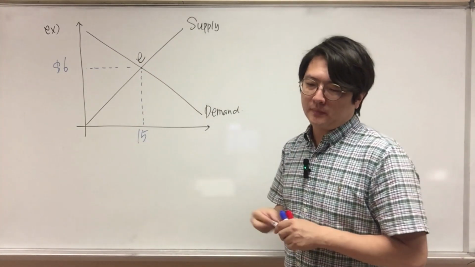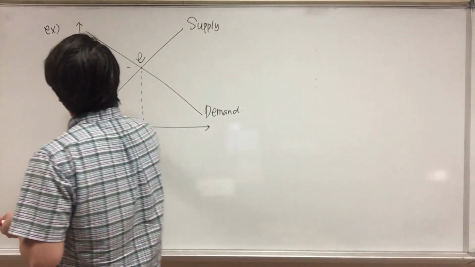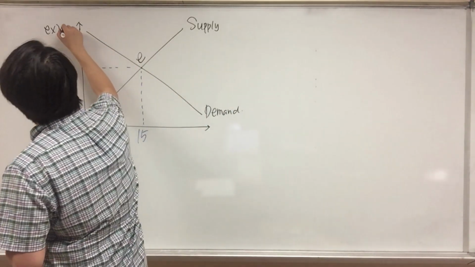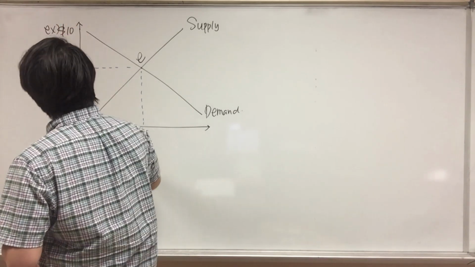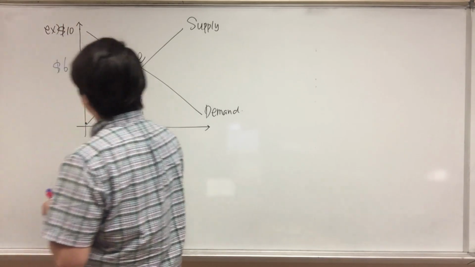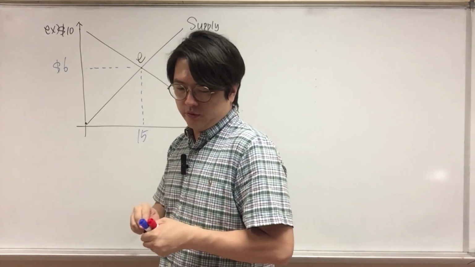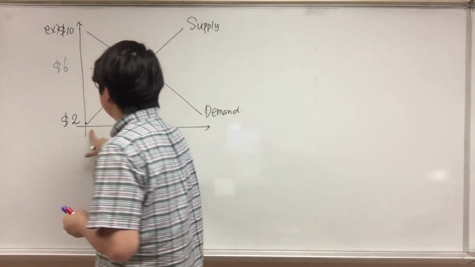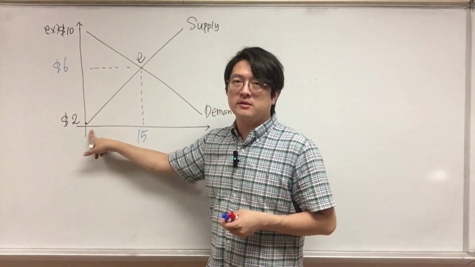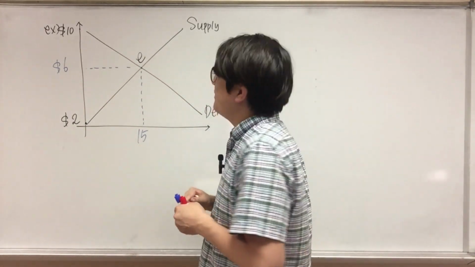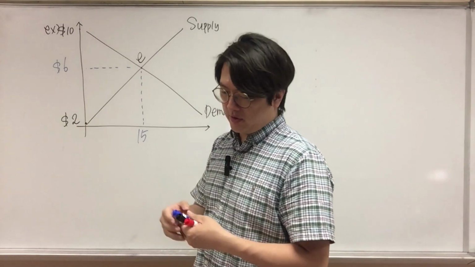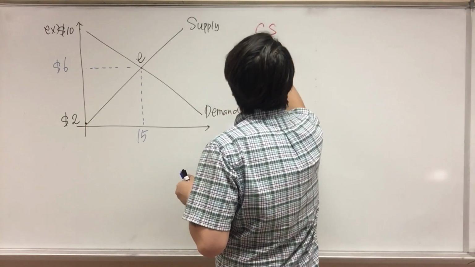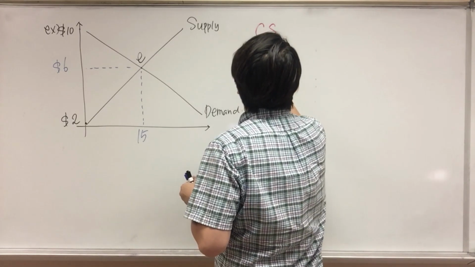Consumers would like to pay up to $10. Suppliers would like to sell down to $2. So below the $2, it would be a shutdown, right? So how can you find consumer surplus and producer surplus, and total surplus?